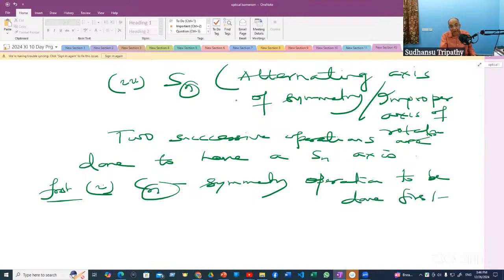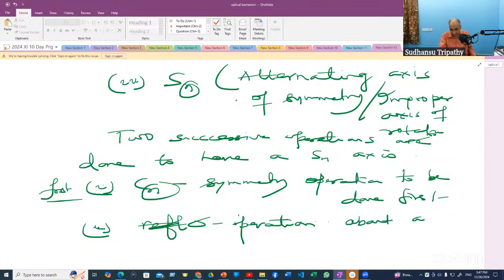Then after that, second operation is reflection, sigma operation, about a perpendicular plane with respect to the CN.